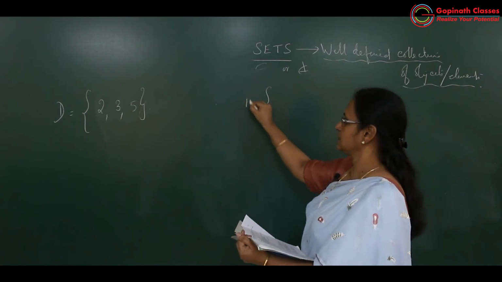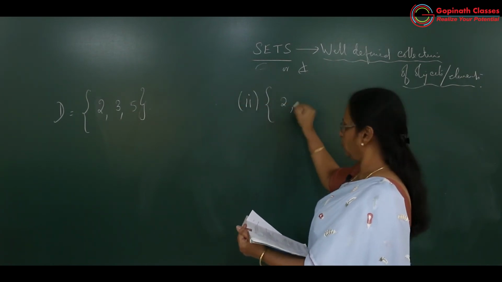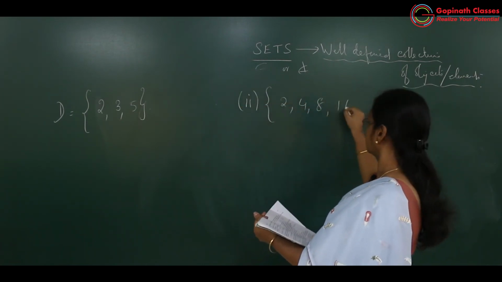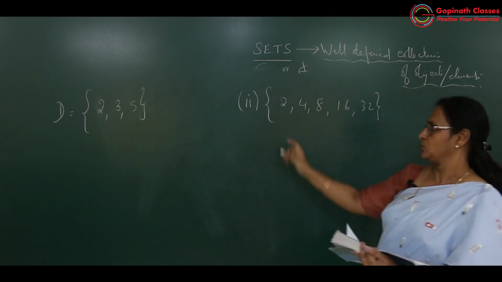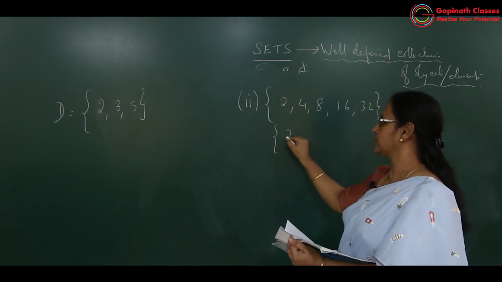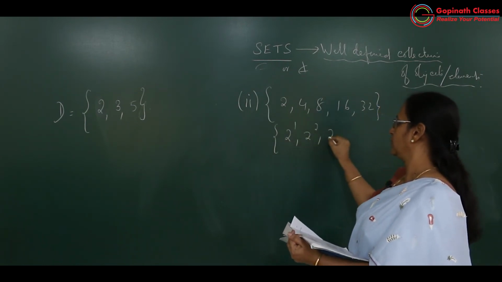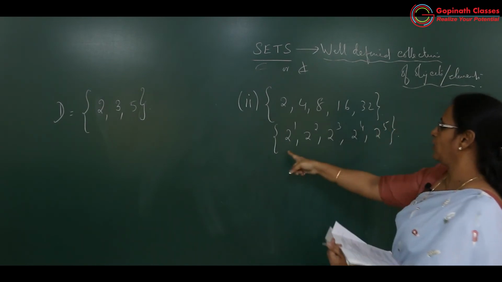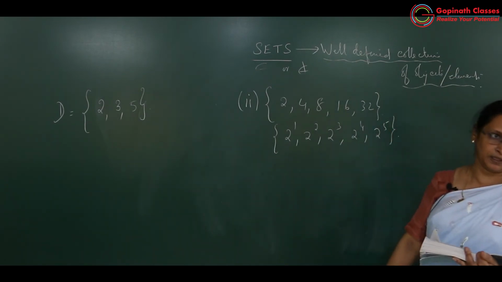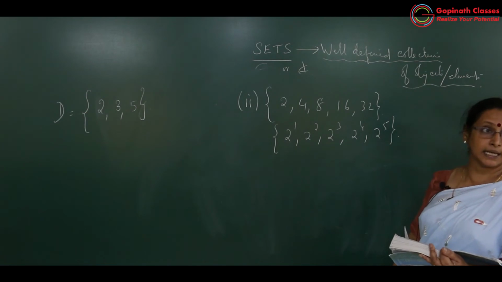Second question is 2, 4, 8, 16, 32. What is it? It's all powers of 2. So we can write it as 2 raised to 1, 2 square, 2 cube, 2 raised to 4 and 2 raised to 5. So how can we describe its property? How can we write this in set builder form?